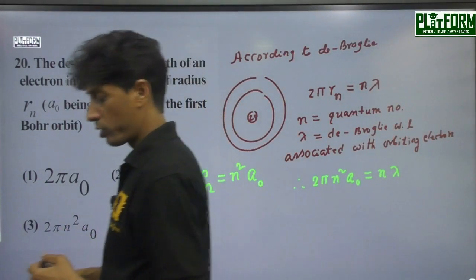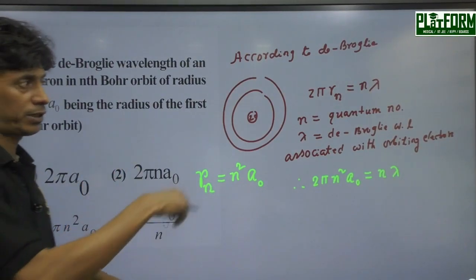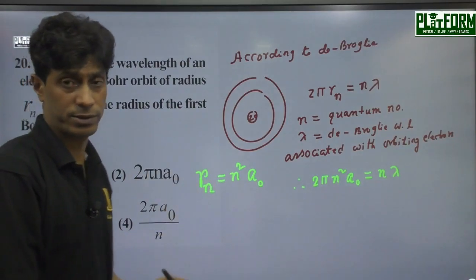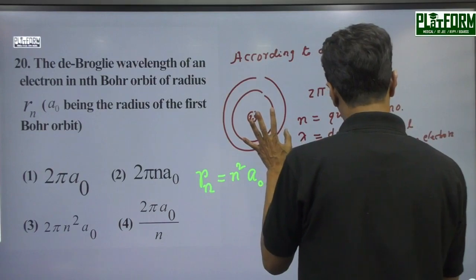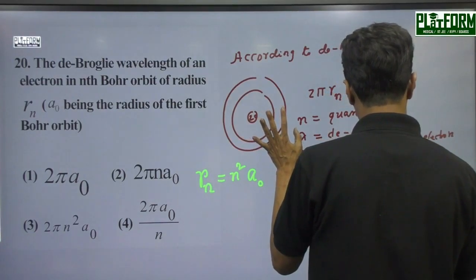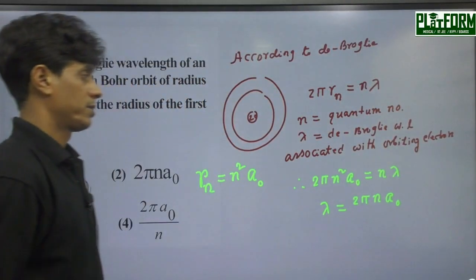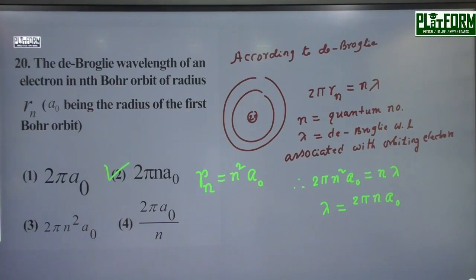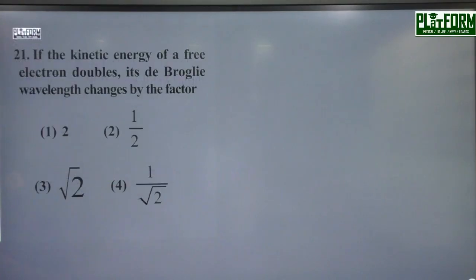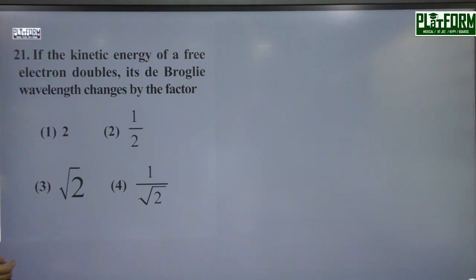N is the number of waves of de Broglie wave associated with the orbiting electron around the nucleus. So the wavelength associated is twice pi n a naught, and the answer is A. Next problem, if the kinetic energy of free electron doubles, de Broglie wavelength changes by a factor.